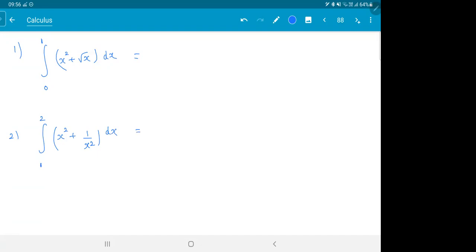Get these two: integral of x square plus root x dx, and integral of x square plus 1 by x square into dx. Get them, 2 minutes.